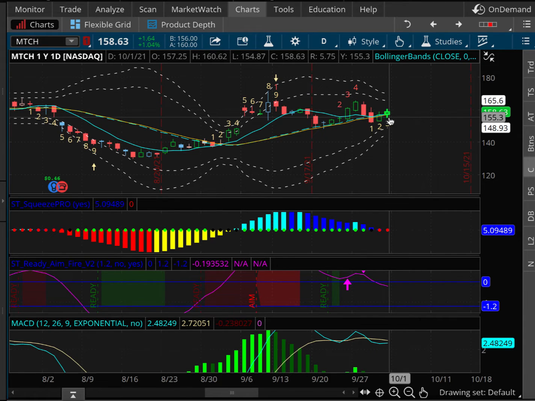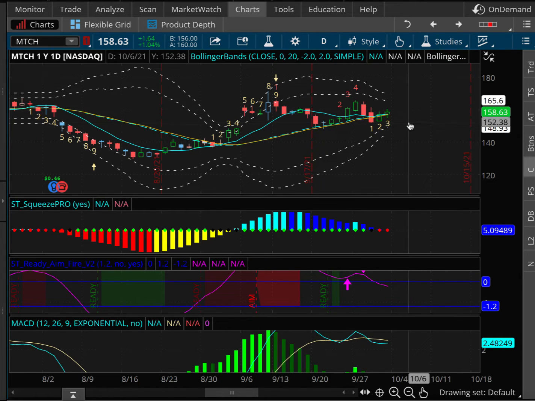You could buy calls, you could sell puts, you could buy a debit spread, you could sell a put credit spread that profits from being above a certain level, or you could even trade something called a butterfly. And we'll look at those types of trades in just a moment.